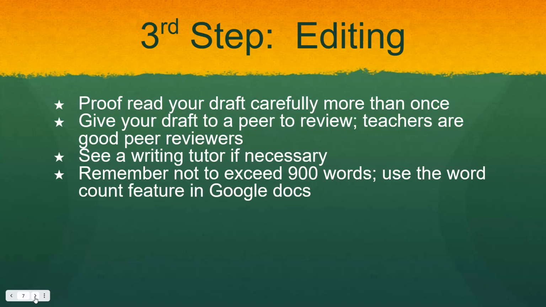And you also want to remember when you're editing that you cannot exceed 900 words. That is the maximum for this scholarship essay from the UH system. So you can use the word count feature in Google Docs to help you tell exactly how many words you have in your personal statement.